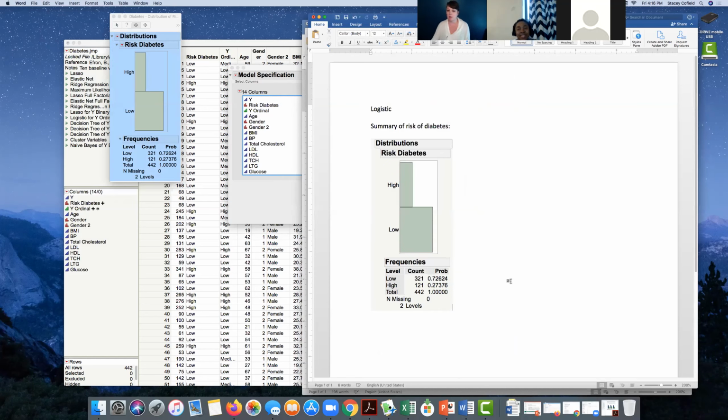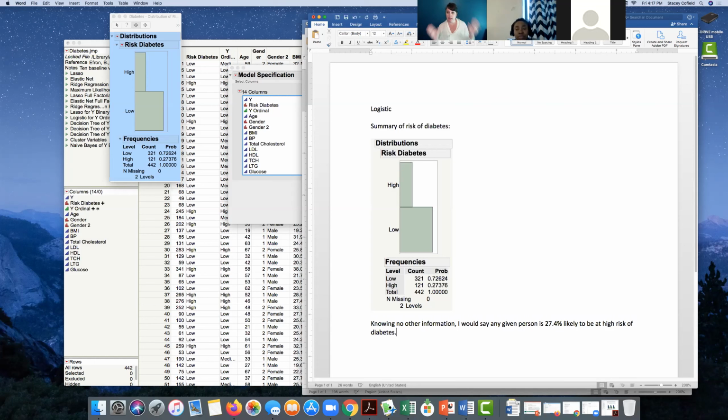So this is my summary of risk of diabetes. Knowing no other information, I would say any given person that is similar to the descriptors that we have, that fits in with our population, is 27.4% likely to be at high risk of diabetes.